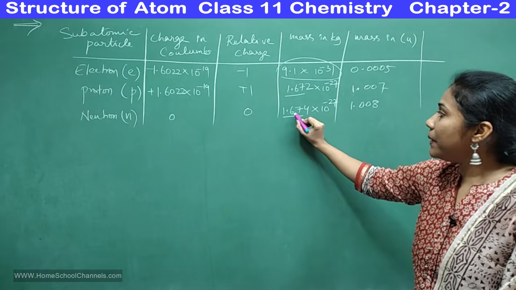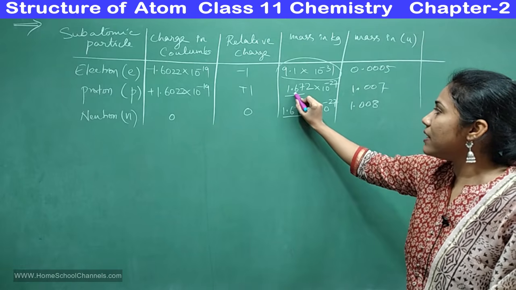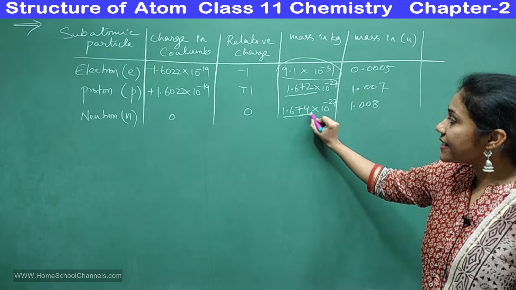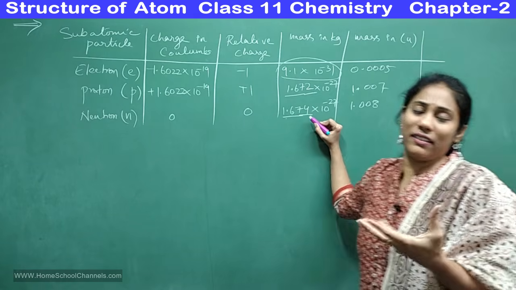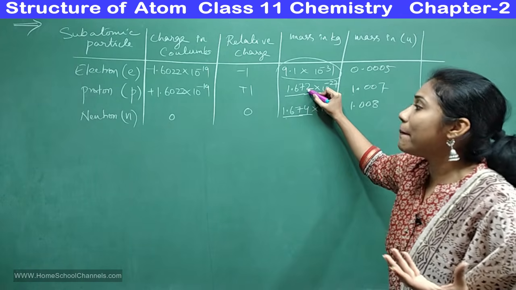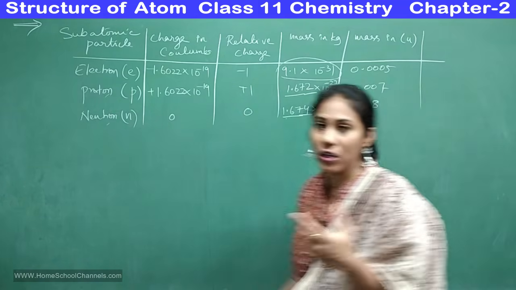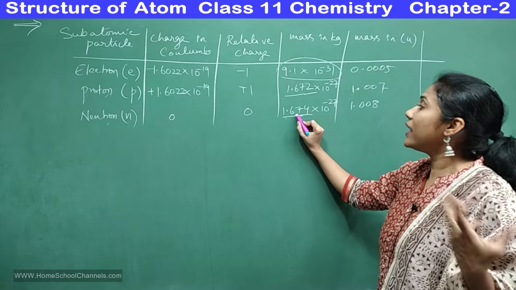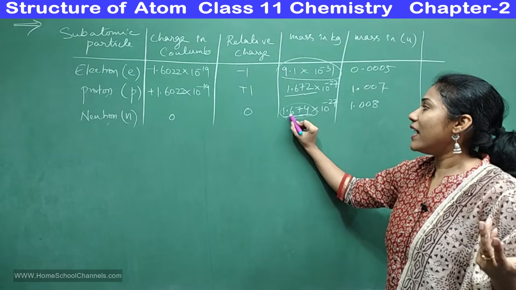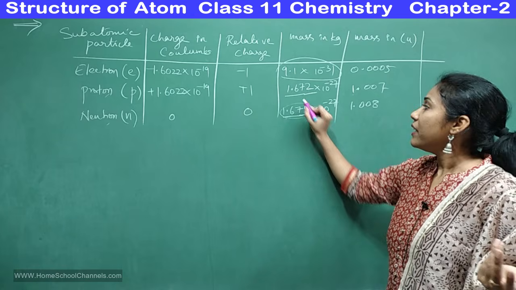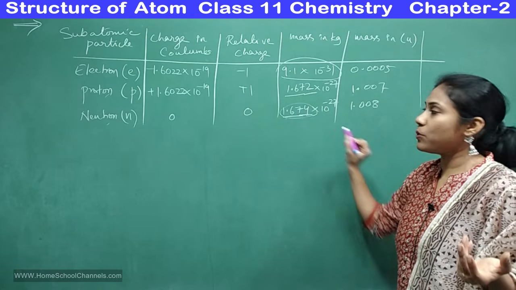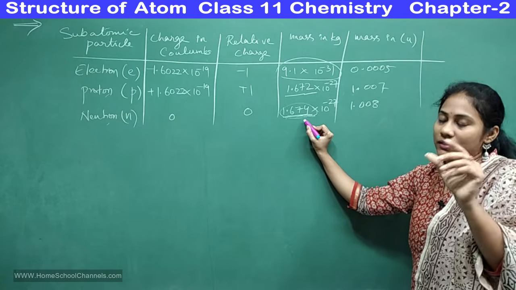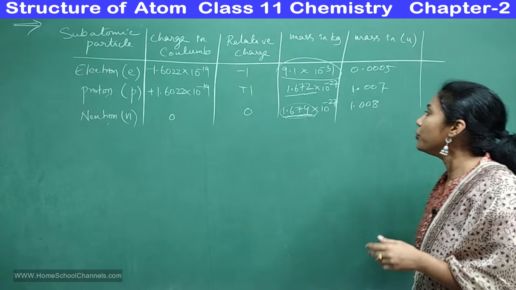The neutron's mass is 1.674, and the proton's was 1.672. A slight variation is there between the mass of the proton and the neutron, isn't it? Which one has more mass? Definitely the neutron has more mass. Here the value is 1.674, and here it was 1.672, so the higher number is this. You observe a very slight increase in the mass of the neutron.